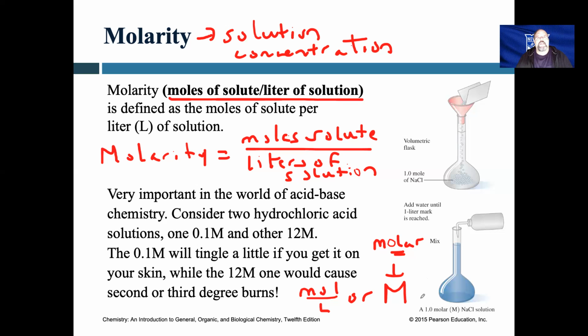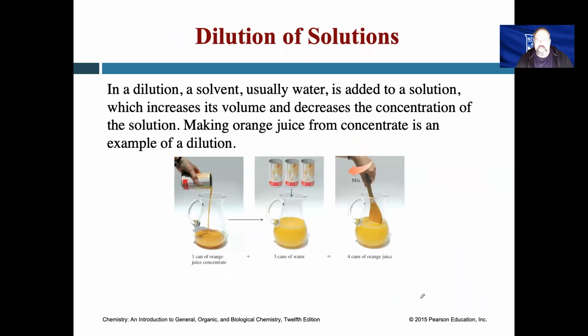The other term we want to talk about is dilution. In a dilution, a solvent, usually water, is added to a solution, which increases its volume and decreases the concentration of the solution. So how does that work?